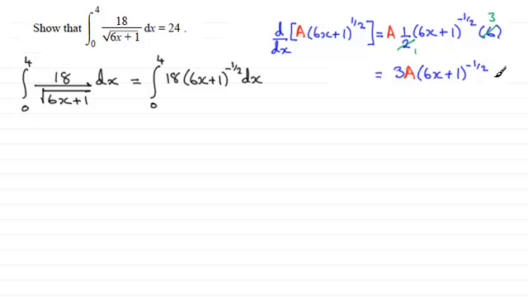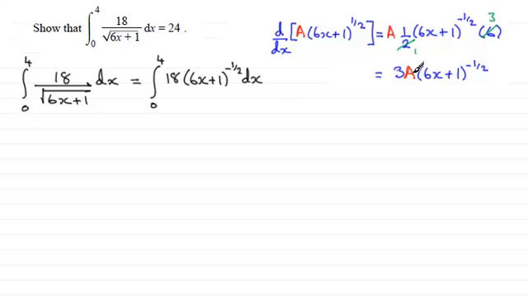So if I had to integrate this, the answer would be a multiplied by 6x plus 1 to the power half. And that's essentially what I am integrating. I've got a constant here multiplied by 6x plus 1 to the power minus a half. And that constant is 18.